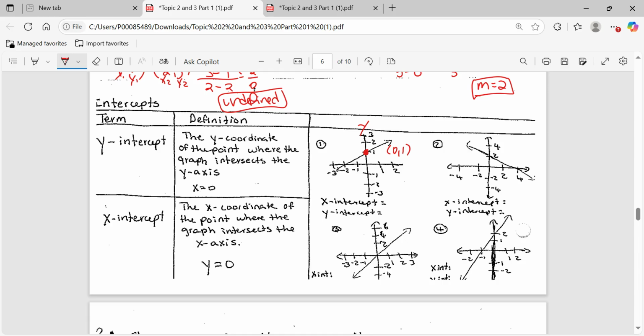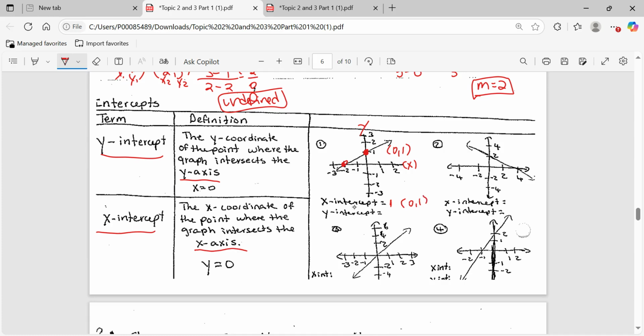Your x-intercept is where it crosses over the x-axis. So here's the x-axis right here. The x-intercept is 2. So your y-intercept is 1. The coordinate itself is 0, 1.